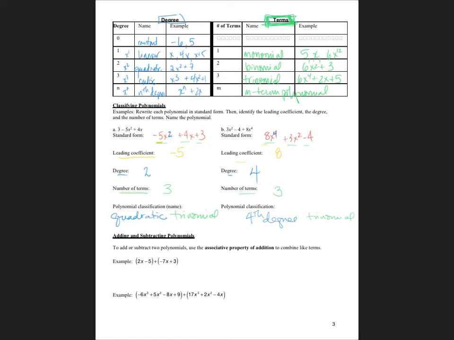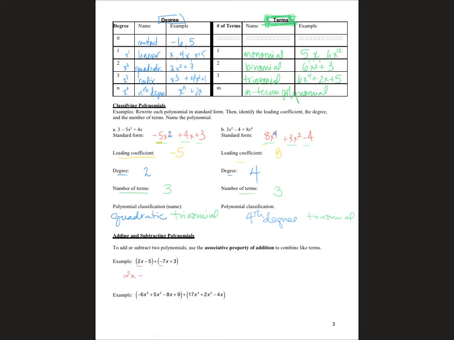Now, if I want to add and subtract polynomials, I have to have like terms. So in this first example, I see a binomial plus another binomial. So I can just drop the parentheses because it's addition, and I'm going to combine like terms. So I have 2x plus, well, I'm going to go ahead and rewrite it.